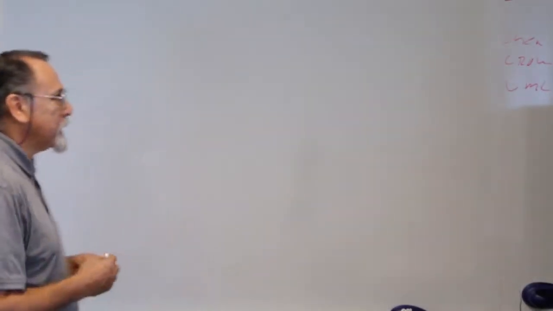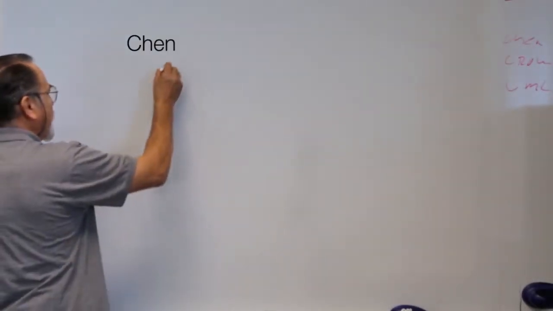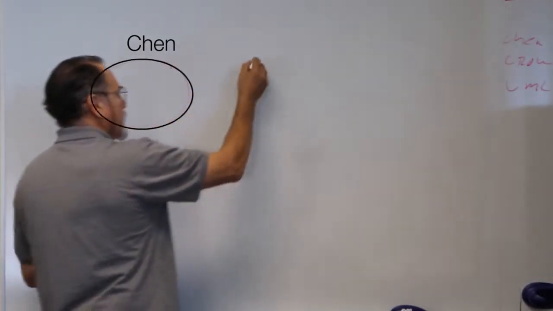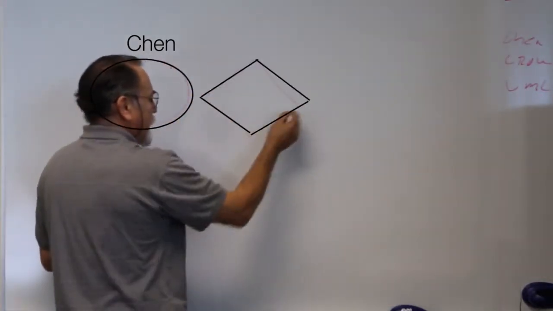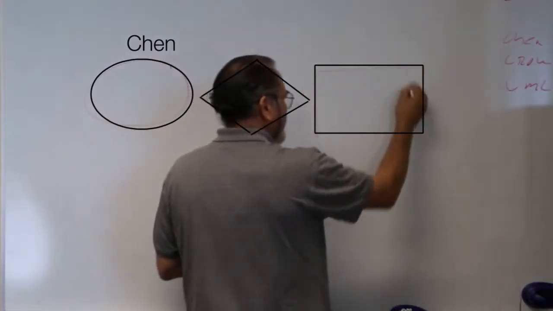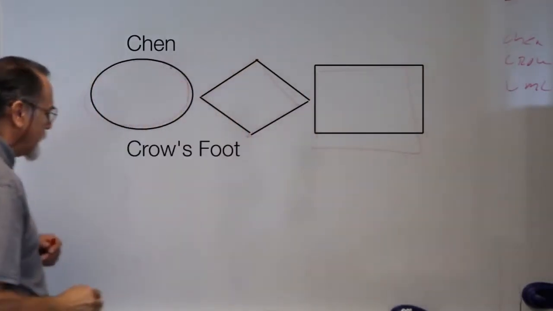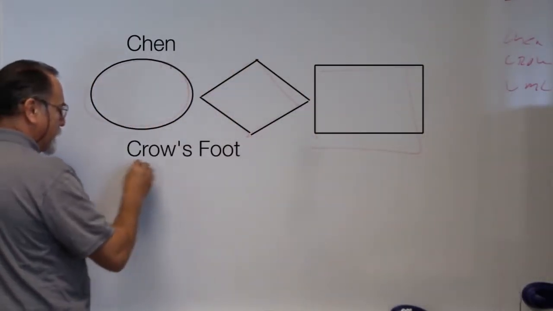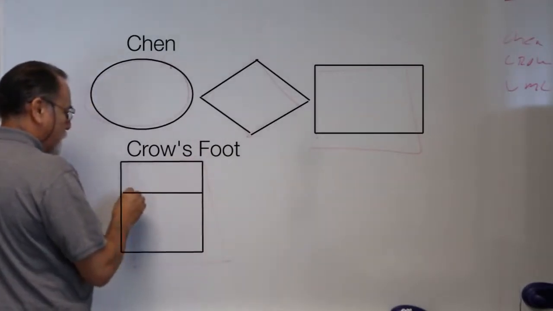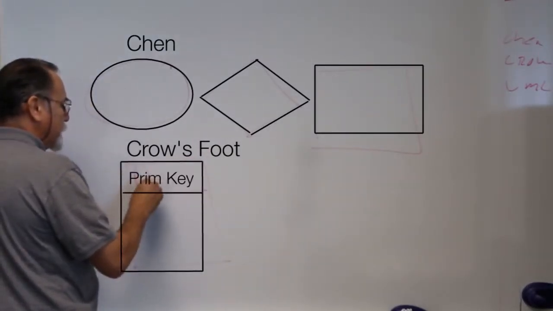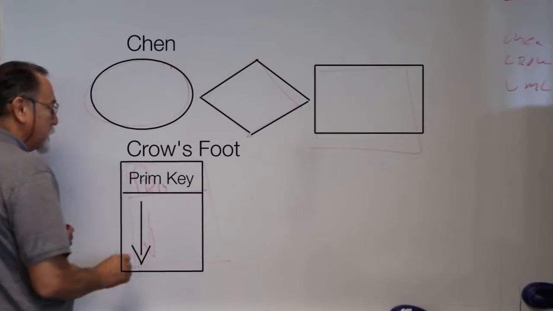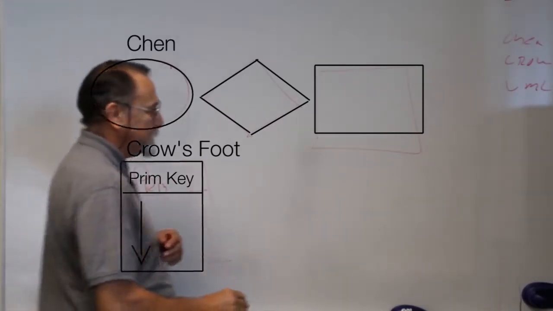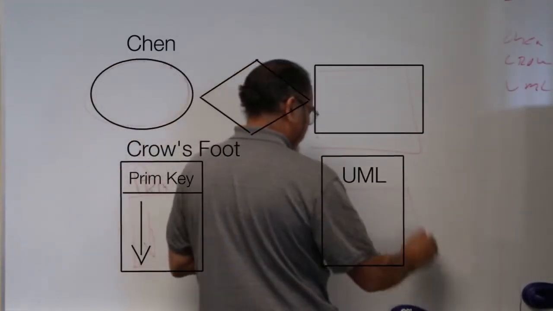So the Chen model uses the oval, the diamond, and a rectangle. The Crowfoot tends to center around the box or the rectangle, and this is where you have the primary key and the data that supports. And then you have the UML process.